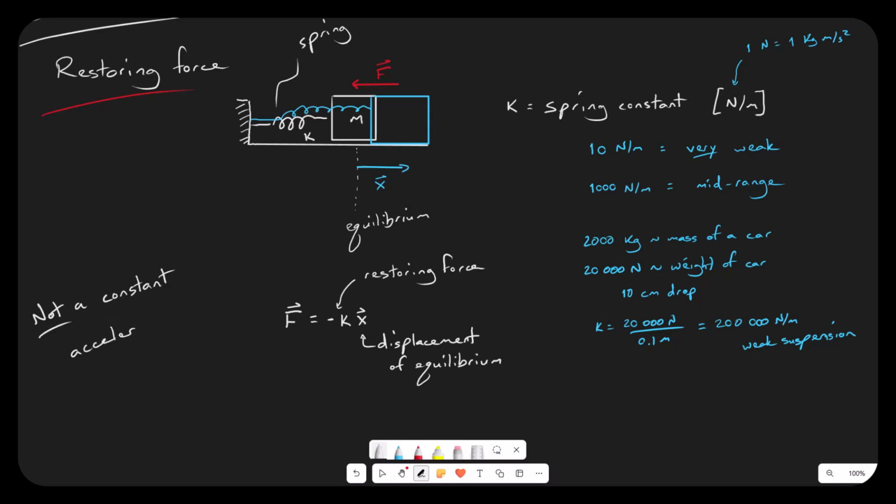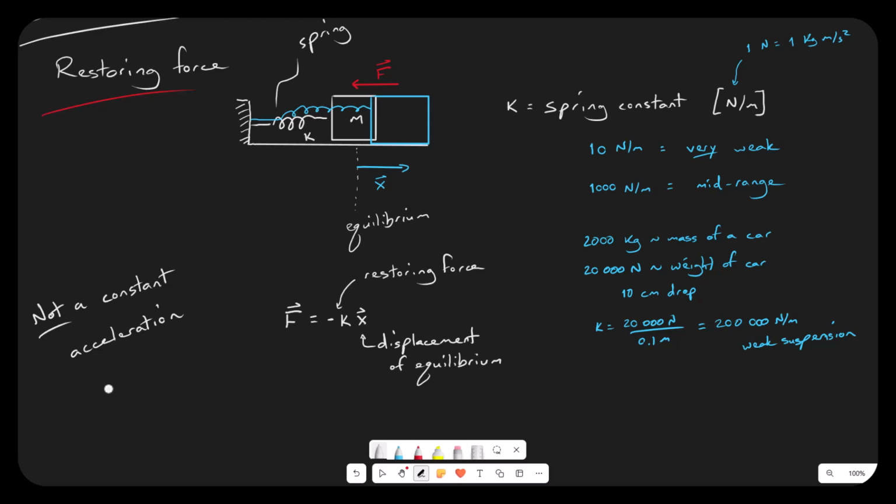If it doesn't give me a constant acceleration, then I can't use all those kinematic equations, equation 1, equation 2, equation 3 that I've been using, because those assume a constant acceleration. Spring force, that's not the case here, which means for a spring, the sorts of problems that we can do are effectively equilibrium problems.